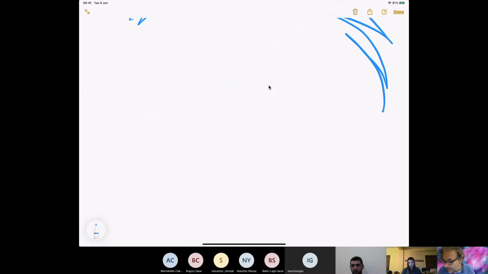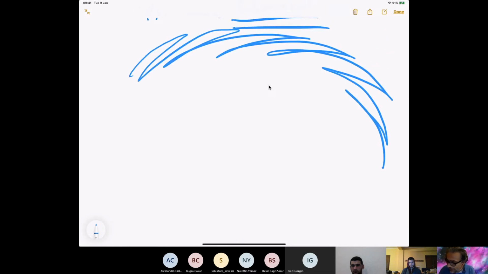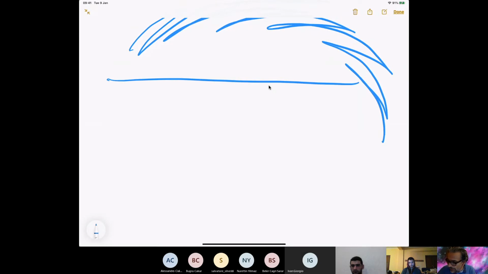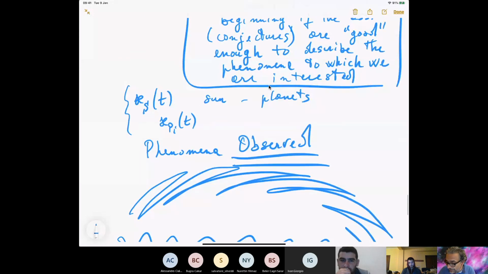So after a lot of reasonings, Aristarchus of Samos, I should check how this is said in English, Aristarchus invented a model with these ingredients.